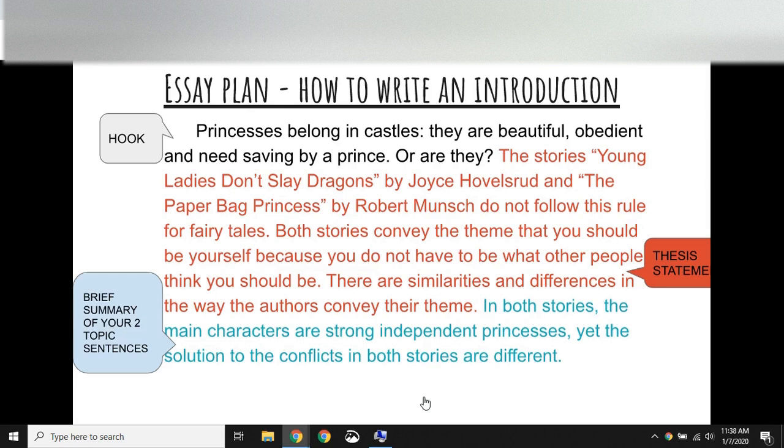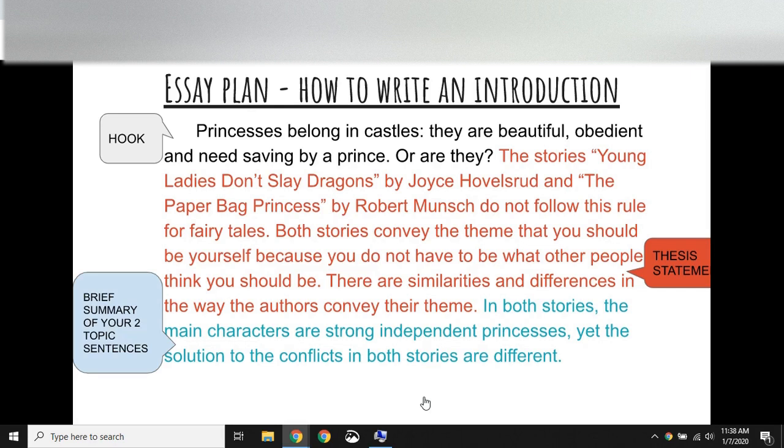You'll notice that this paragraph is also color-coded. So the red section is going to be the what? The thesis statement. A thesis statement is the overall idea that the author wants you to understand by reading that text. So if you are the author, your thesis statement is your feeling or opinion that you want people to take away from your essay.